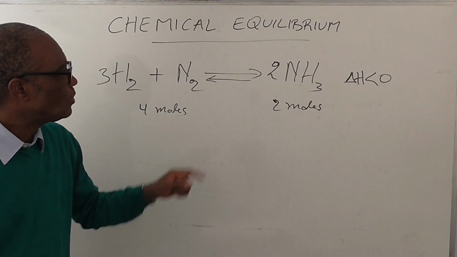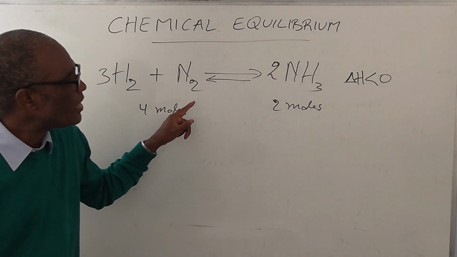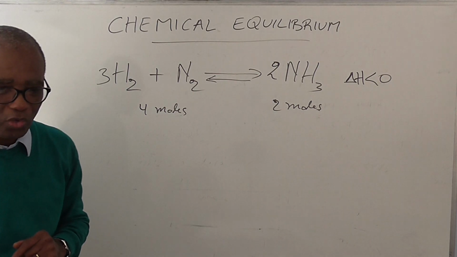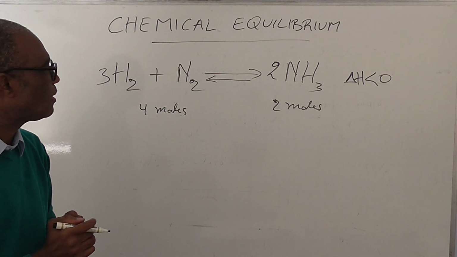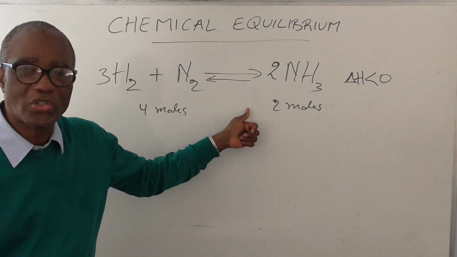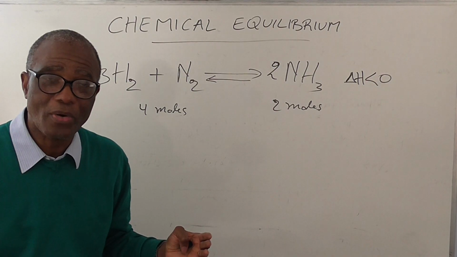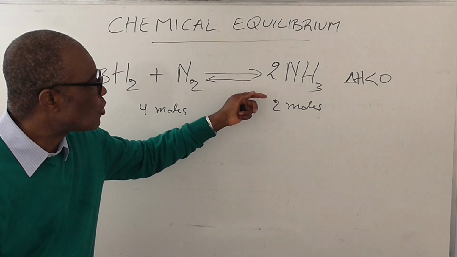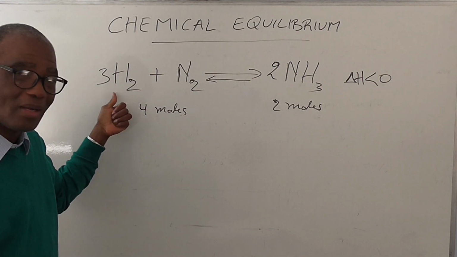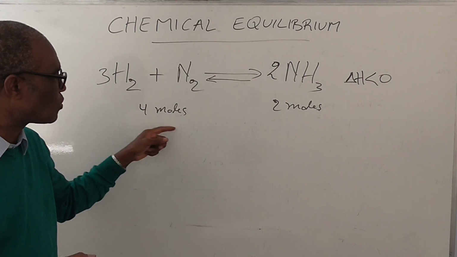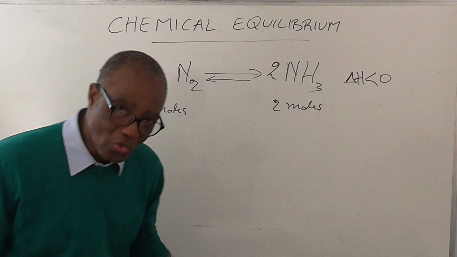Okay? So now, if we increase the pressure, what are we going to get? If we increase the pressure, according to Le Chatelier's principle, the equilibrium will shift to the left because we have 4, no. I'm going to repeat.